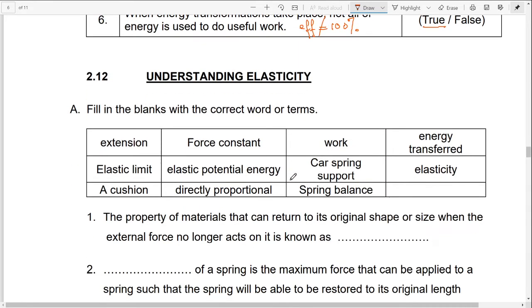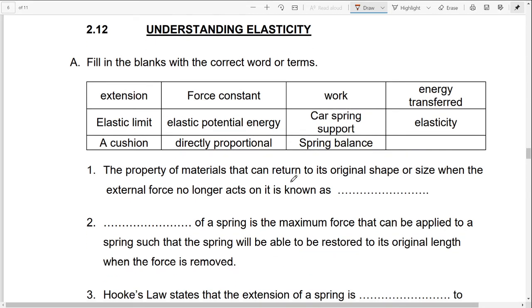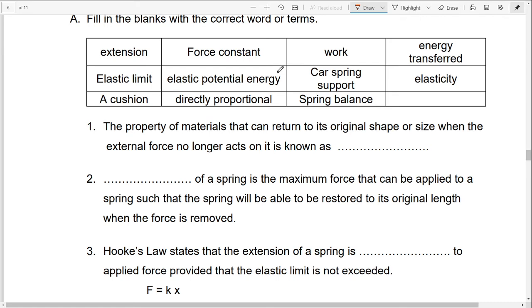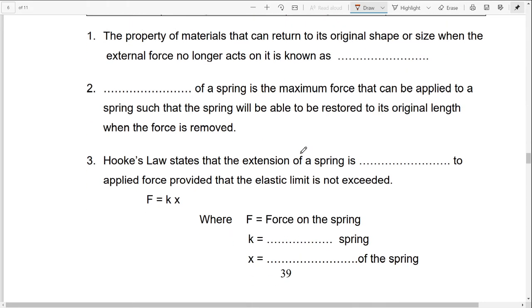Alright, so we go to 2.12, understanding elasticity. So you are given a list of words up here. Okay, so fill in the blank. The property of materials that can return to its original shape or size when the external force no longer acts on it. This is known as elasticity.